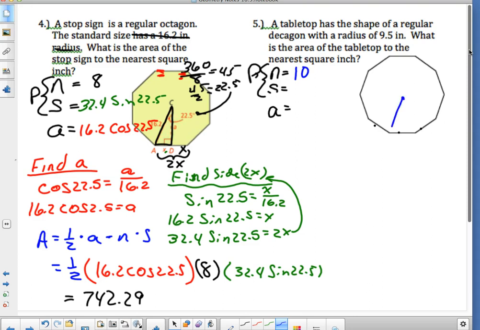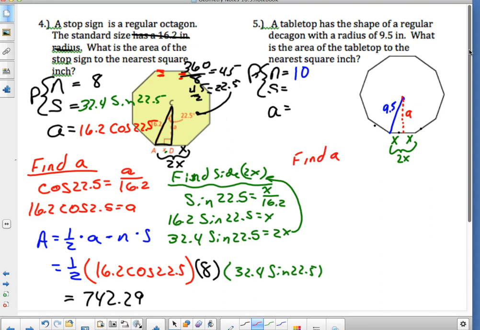From the center to the vertex is 9.5. I've got to find my apothem. That's A. Remember, I got to find my x. And there's 2 of them here, 2x. That's why we multiply what we find by 2. Now, I'm going to find A. That's my first thing, find A.